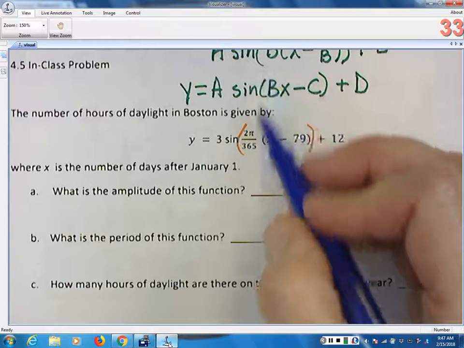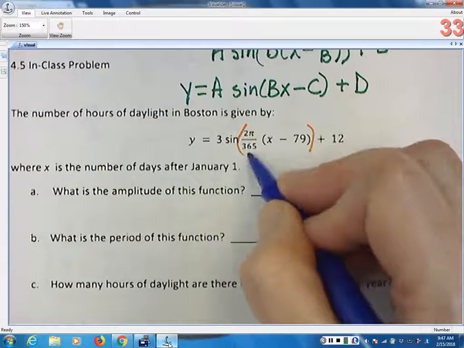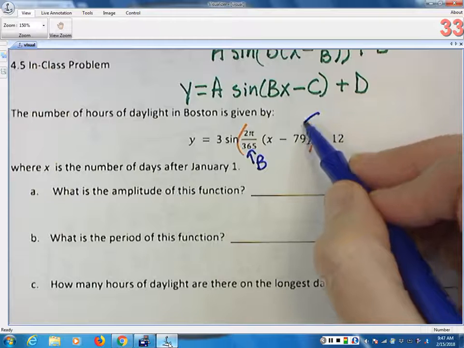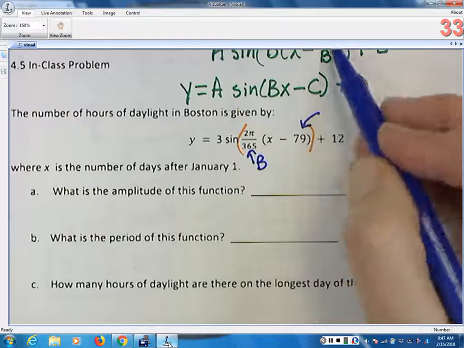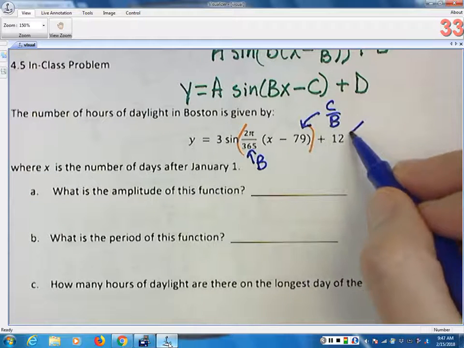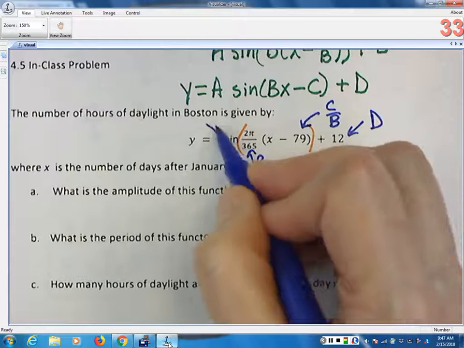That's B. So this is B. Guess what 79 is? C over B, our phase shift. The 12 is D, obviously, and the 3 is A.